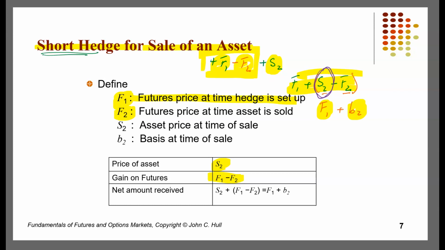We want to lock in the price today, and the price that we choose to lock in today is F1. And so that future price of the underlying is an issue for us because it's uncertain, and therefore the difference between that future price of the underlying and the futures price at that future time is what we refer to as basis. That's what basis risk is all about.